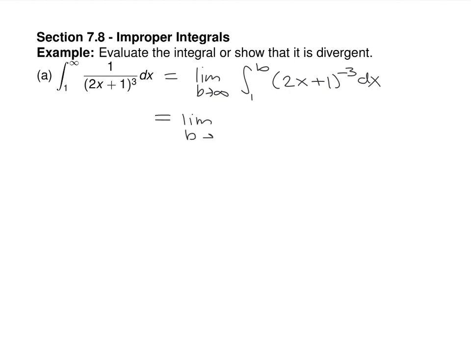And now let's antidifferentiate. So the antiderivative of 2x plus 1 to the negative third will be 2x plus 1 to the negative second over negative 2, and then times a 1/2 to kind of do the reverse chain rule, evaluated from 1 to b.